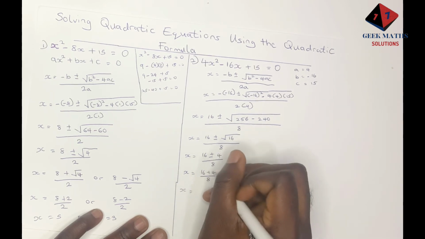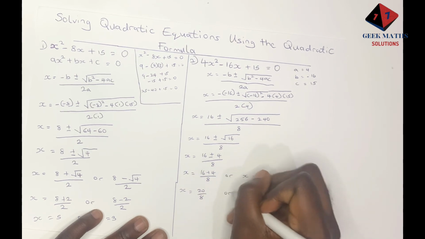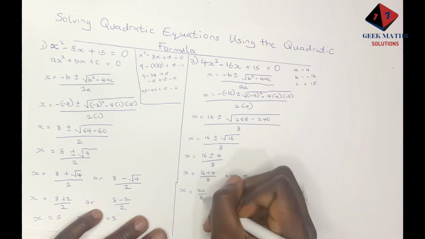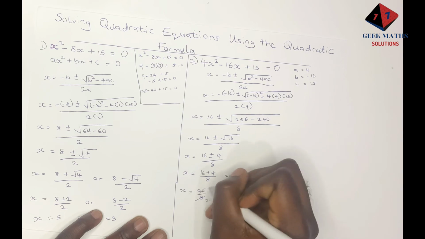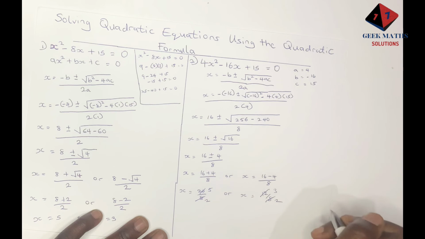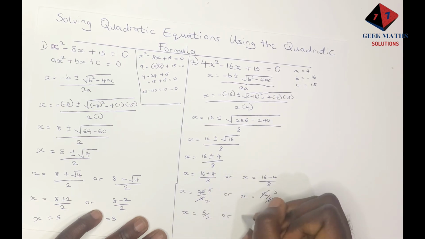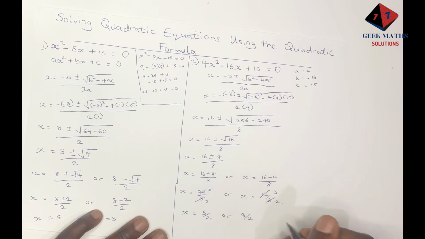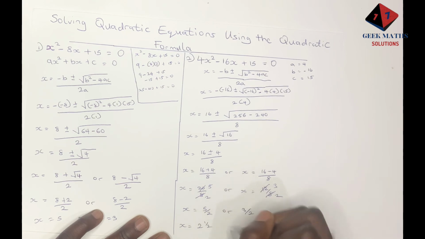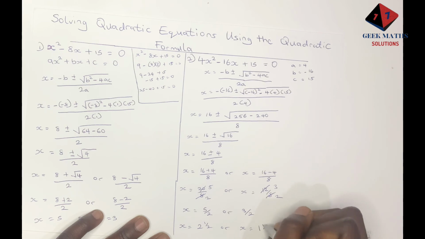So x will be 16 plus 4, 20, divided by 8, or x is 16 minus 4 is 12, divided by 8. 4 here 2, 4 here 5, 4 here 2, 4 here 3. So x is equal to 5 over 2, or 3 over 2. This can be simplified as x is equal to 2.5, or x is equal to 1.5.